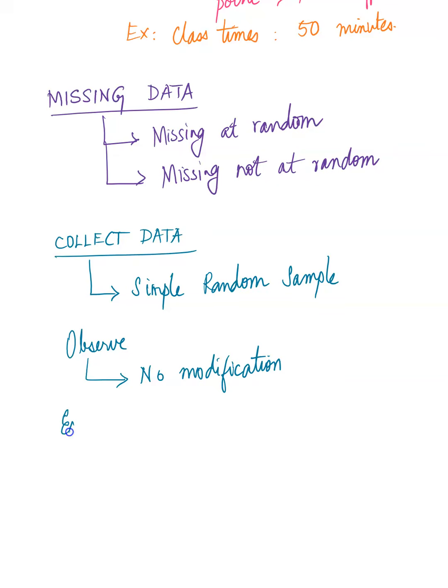But when you experiment, of course, you modify or treat, right? That's the treatment. You apply a treatment to the subjects and then observe the effects of your intervention, of your treatment.